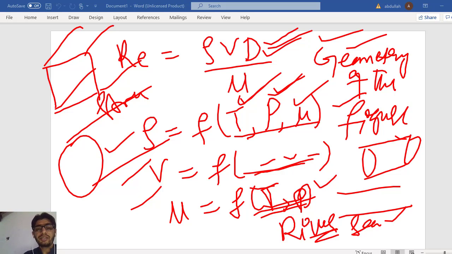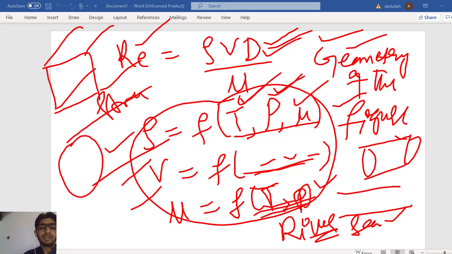So we combine all these variables into a single number, which is called the Reynolds number, which makes our calculation very easy. The purpose of this dimensionless number is to make our calculation easy. So the Reynolds number combines the density, velocity, diameter and viscosity of the fluid into one dimensionless number, and it is very easy to determine.